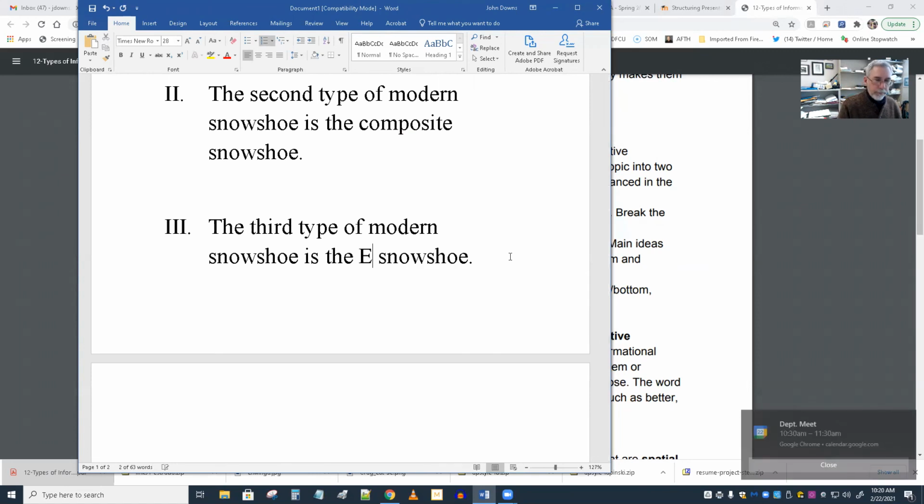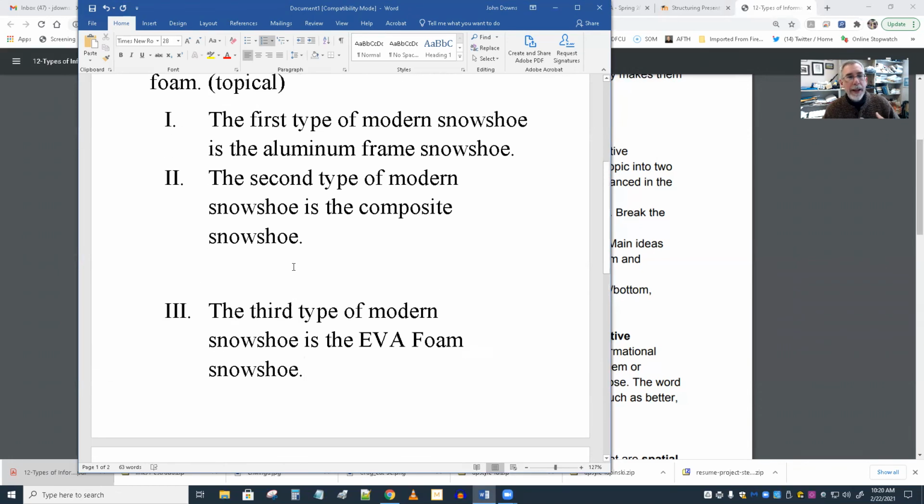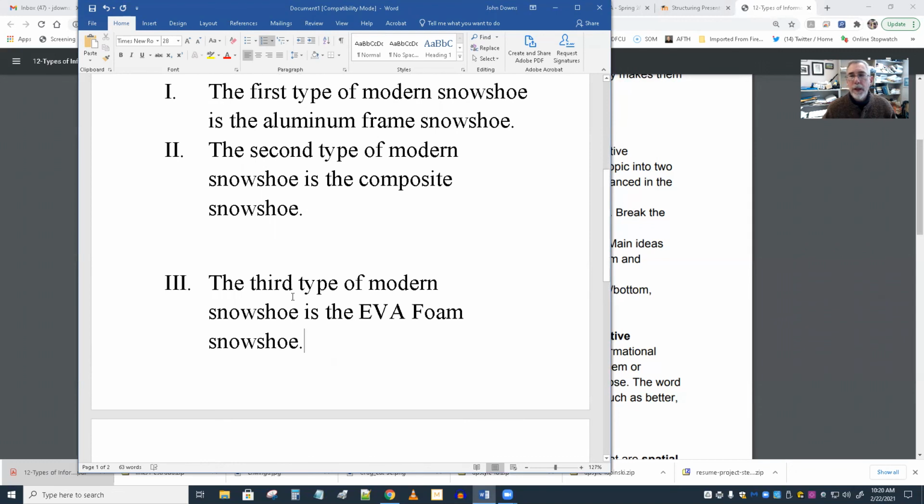And I say the second is composite. And I would say the third type of modern snowshoe is the EVA foam.